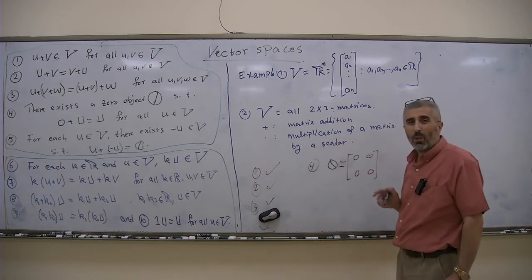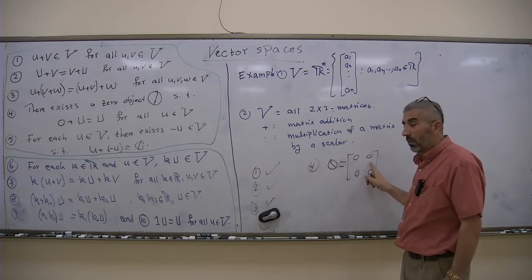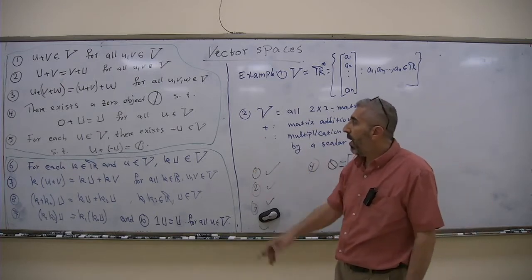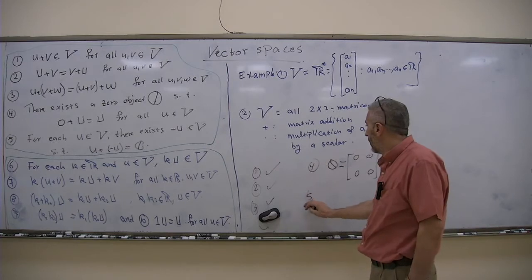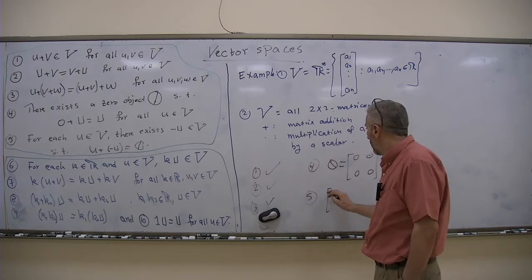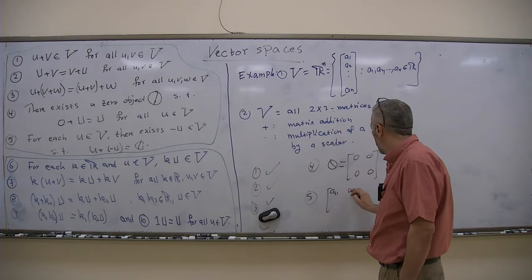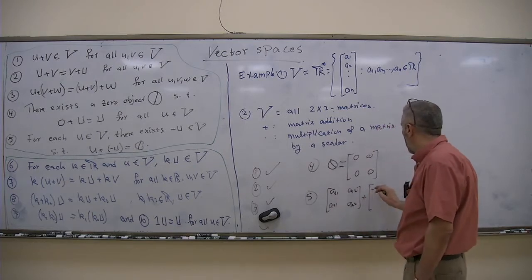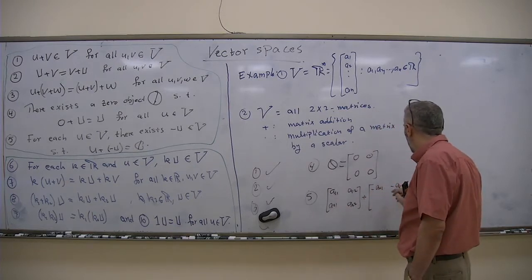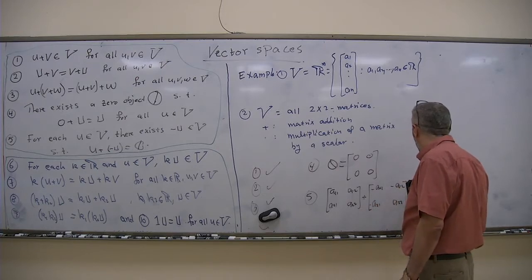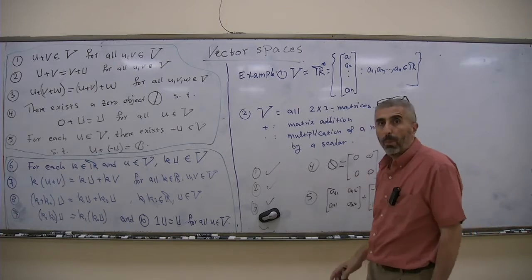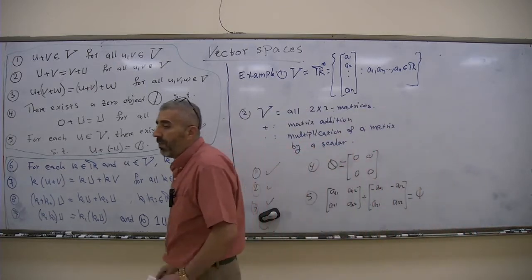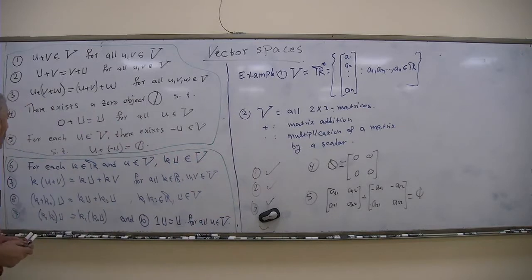This is what we mean by the zero object or the zero vector. Right? Number 5. For each 2 by 2 matrix A11, A12, A21, A22, you take the negative of that, which is negative A11, negative A12, negative A21, negative A22, and when you add, you get the zero matrix. So here the first 5 conditions are satisfied.